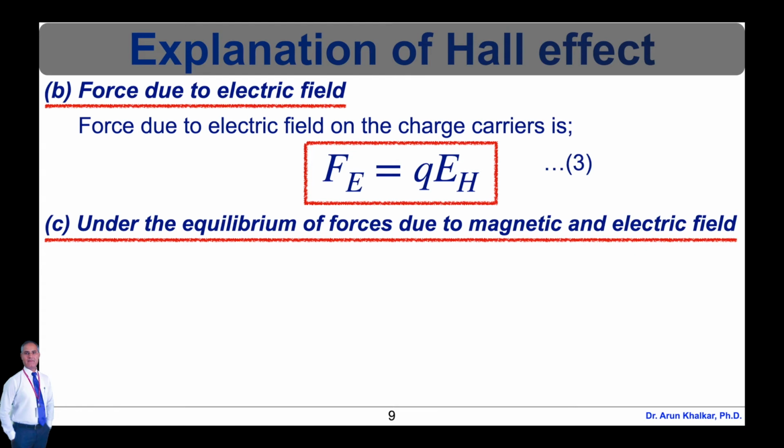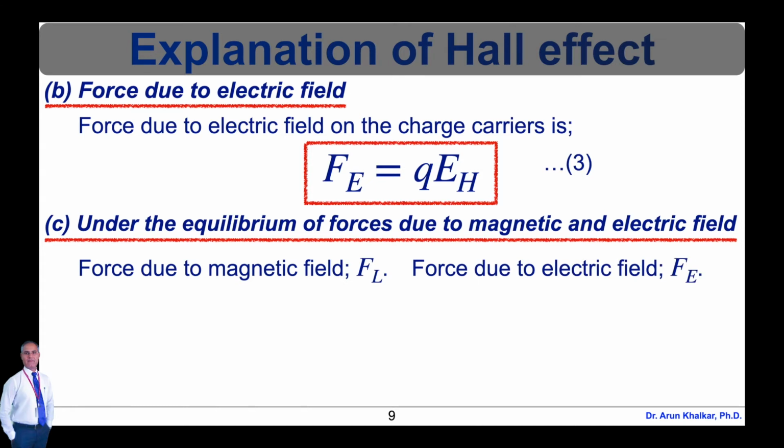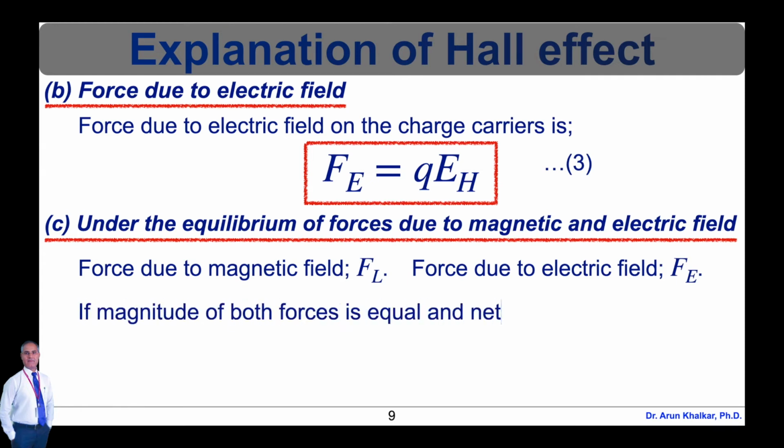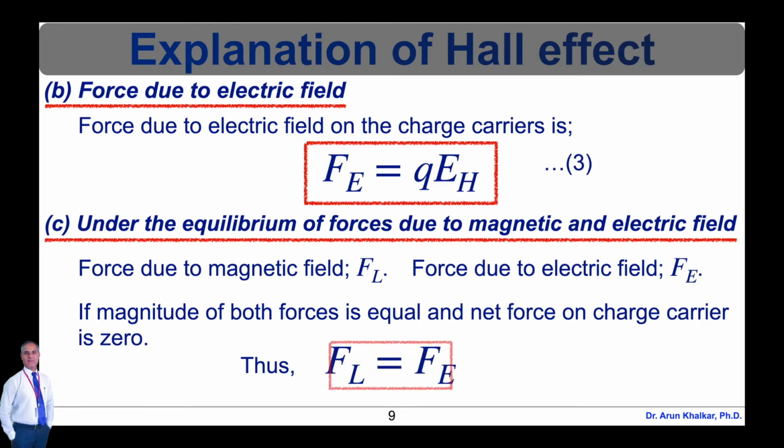Under the equilibrium of forces due to magnetic and electric field, charge carriers are under the influence of these two forces. One force due to magnetic field, that is FL, and second due to the electric field, that is Fe. Both forces are in opposite direction. Under the equilibrium, the magnitude of both forces is equal and net force on charge carrier is 0, thus we can write FL is equal to Fe.